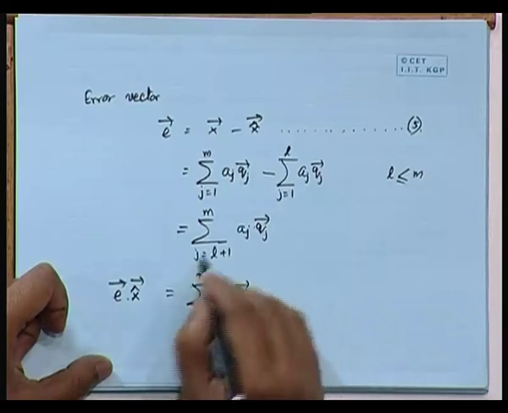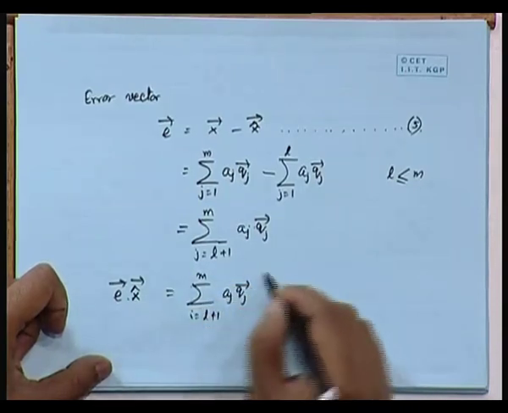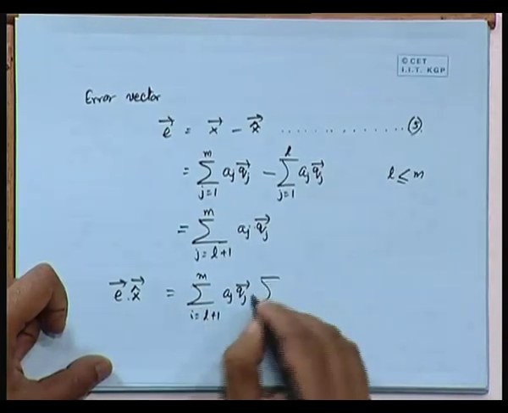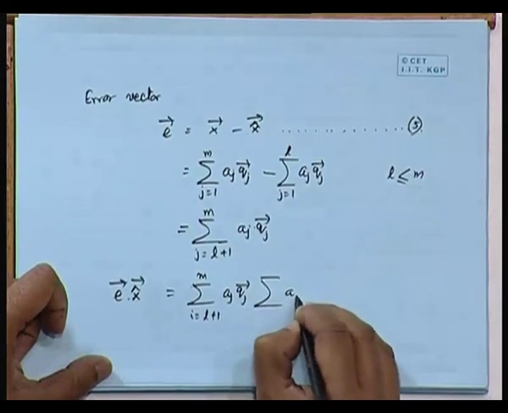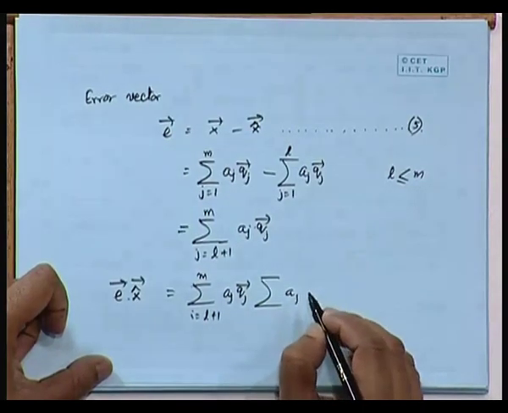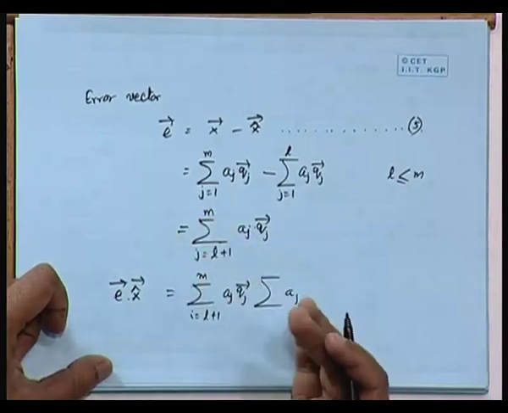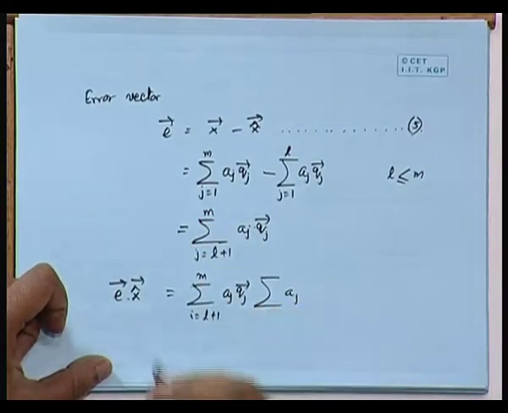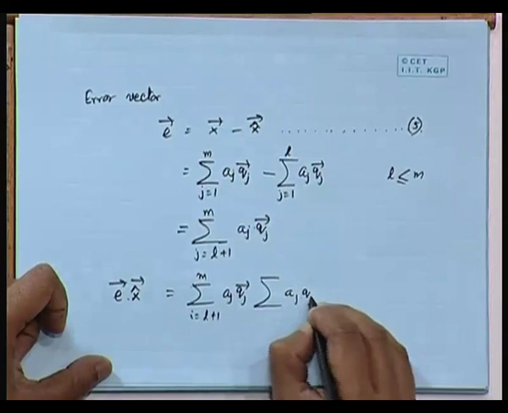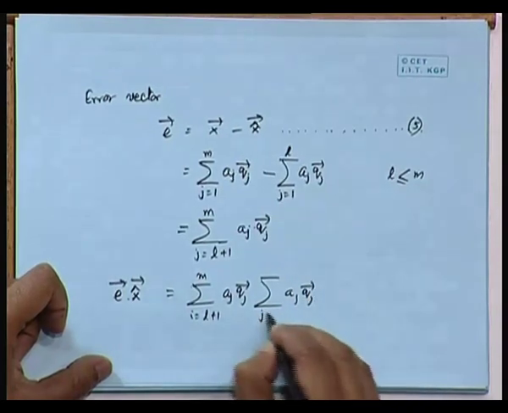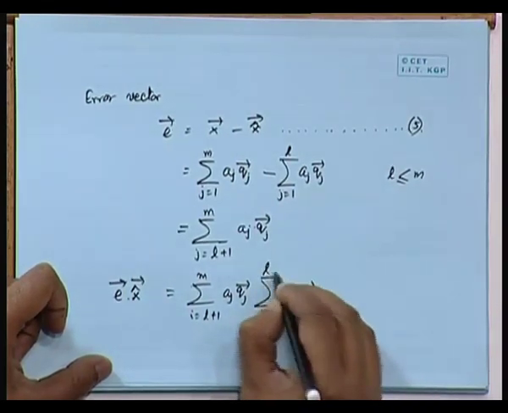And what is the next term, that is the x vector? The x cap vector's term is the summation of aj qj, j equals 1 to L.